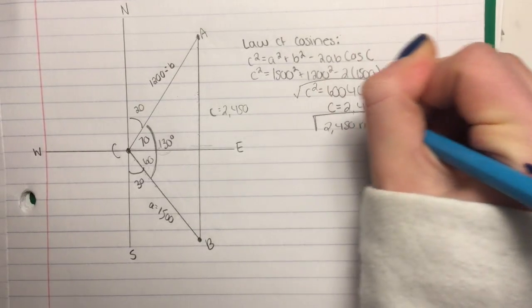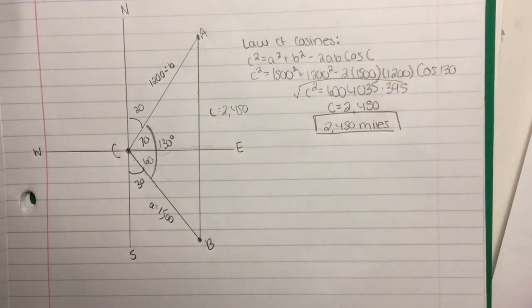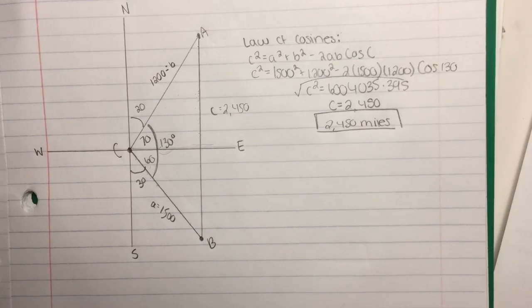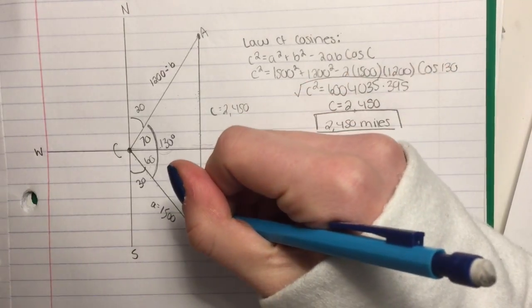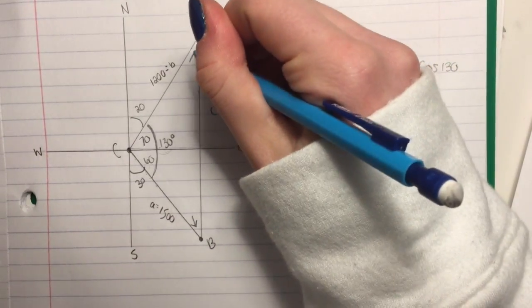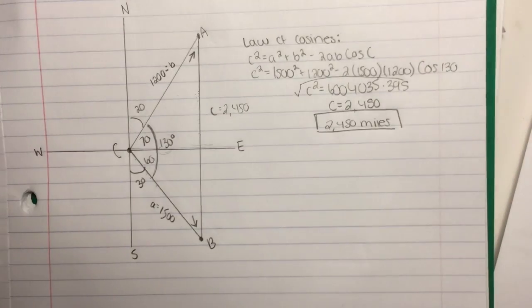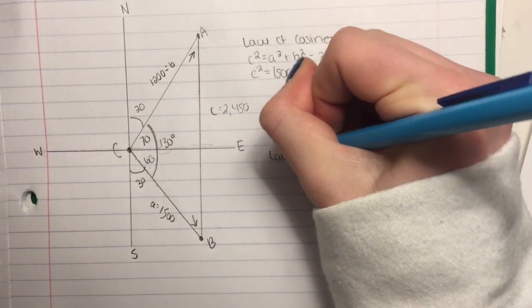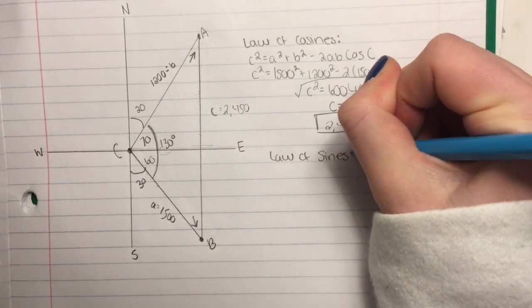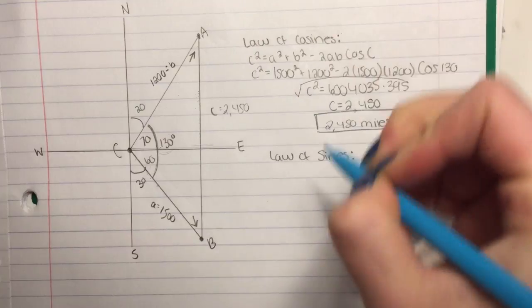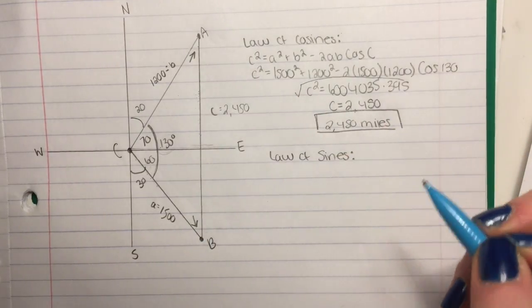Now, the second part of the question asks, what are the bearings from plane A to plane B at the end of the 3 hours? So now we have to solve for these angles here. To do this, we can use the law of sines, because we have all three sides now known and an angle.